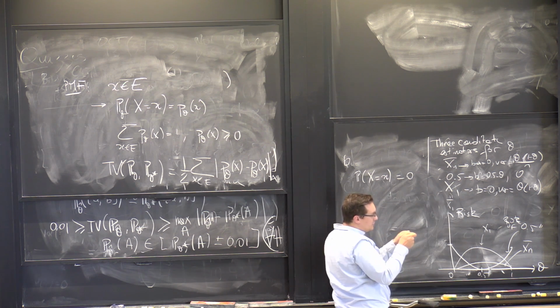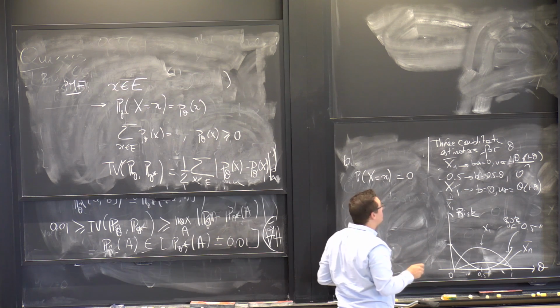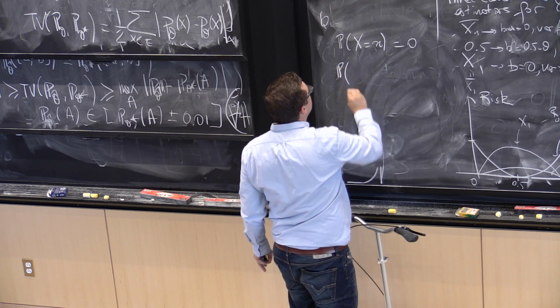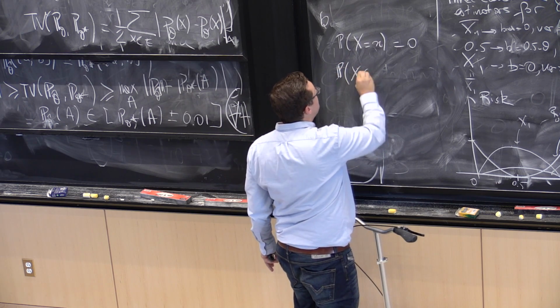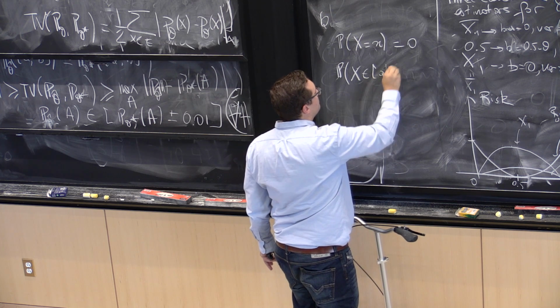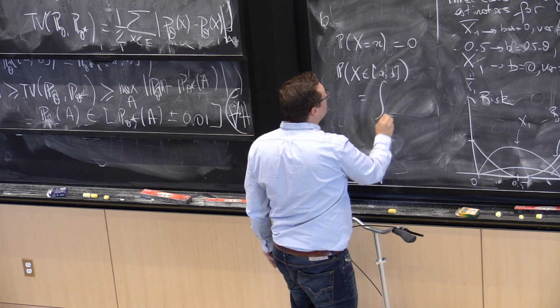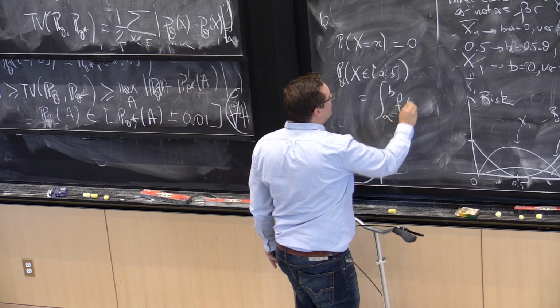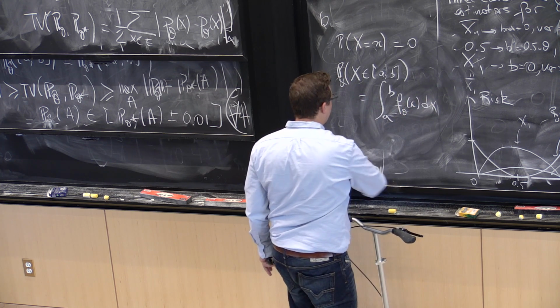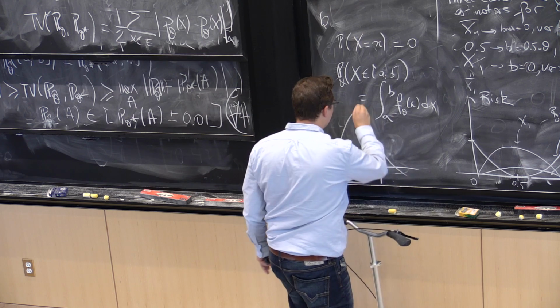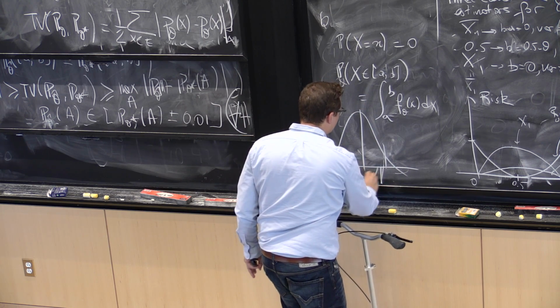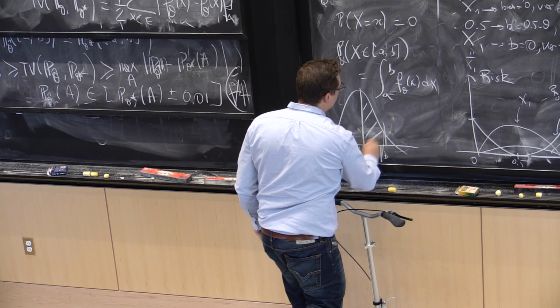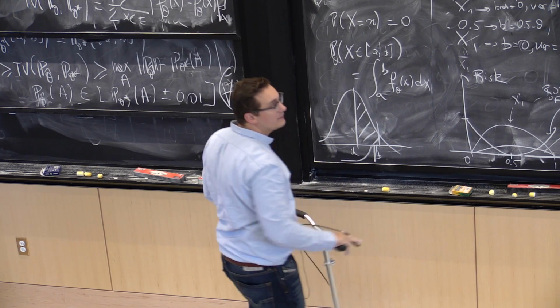So what we have to do is to describe the fact that it's in some little region. So the probability that it's in some interval, say AB, is the integral between a and b of f theta of x dx. Okay, so I have this density such as the Gaussian one, and the probability that I belong to the interval AB is just the area under the curve between A and B, okay?